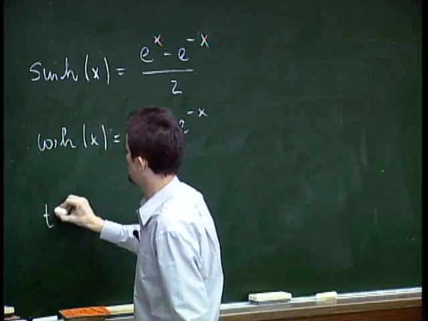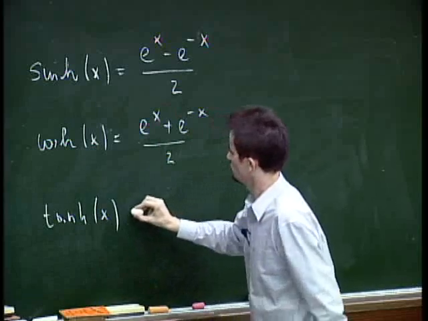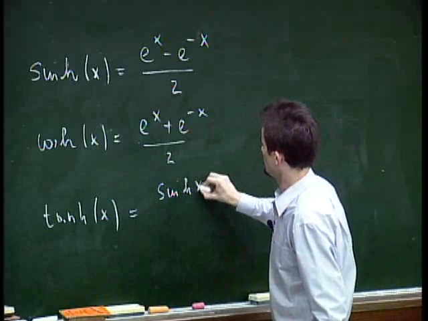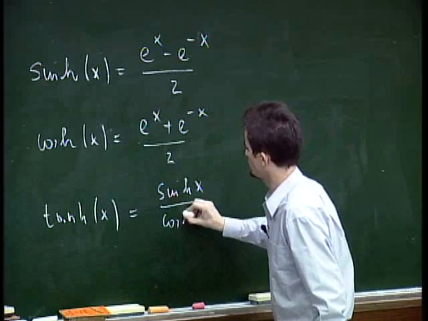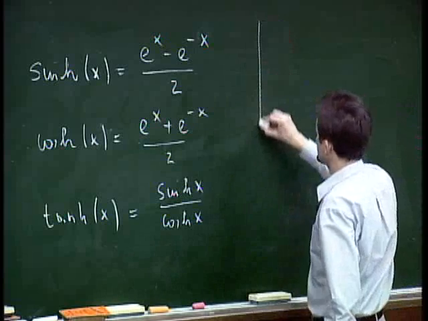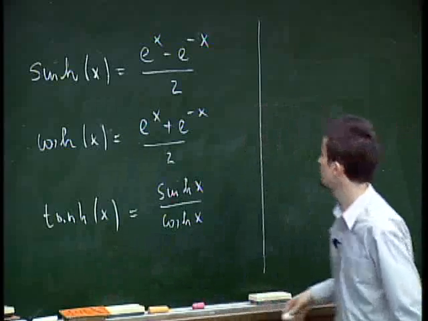And let's also consider the hyperbolic tangent, which is defined just as the quotient of the hyperbolic sine over the hyperbolic cosine. Okay, in the first assignment, you were already asked to plot graphs of those functions. If you plot the graph of this function here, this is something we haven't seen yet.